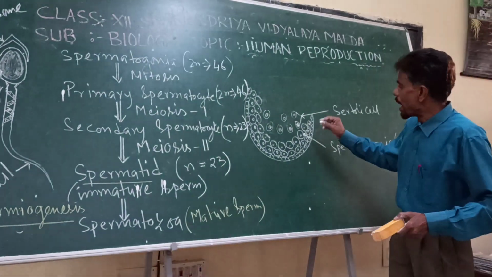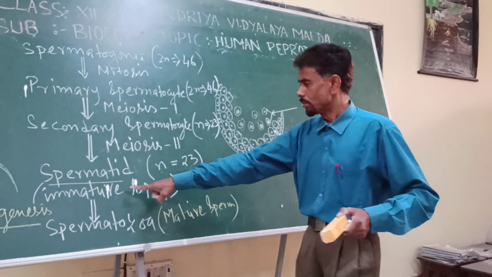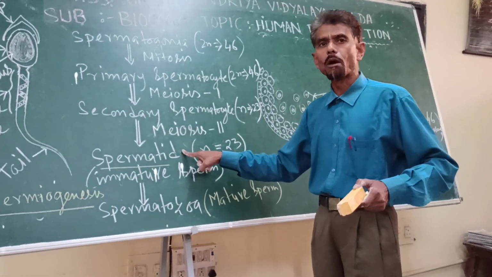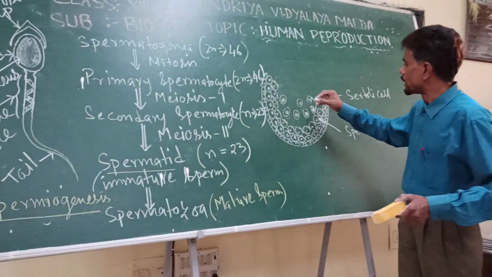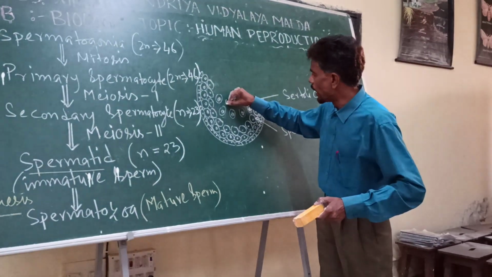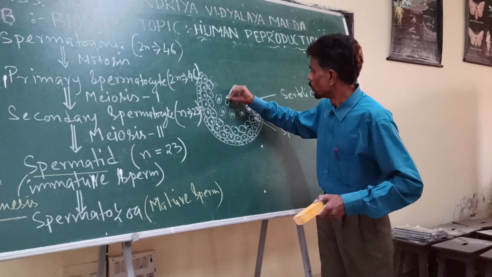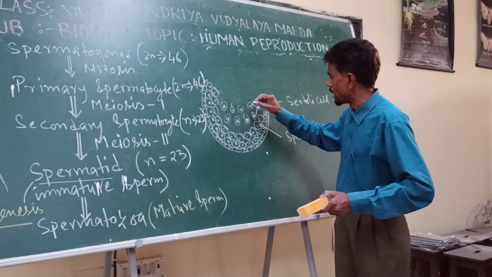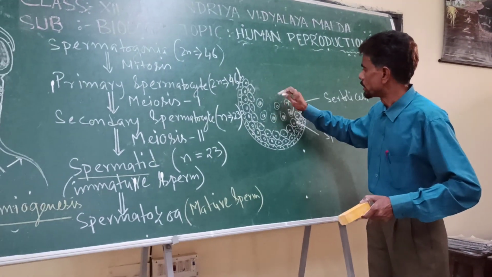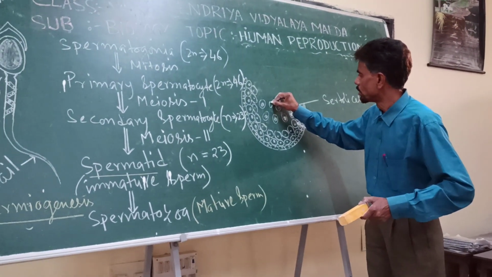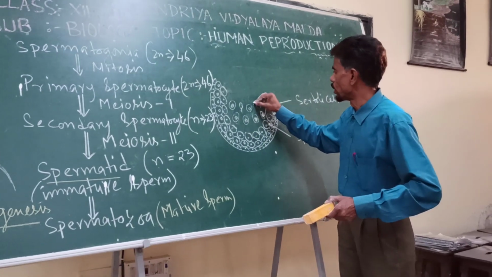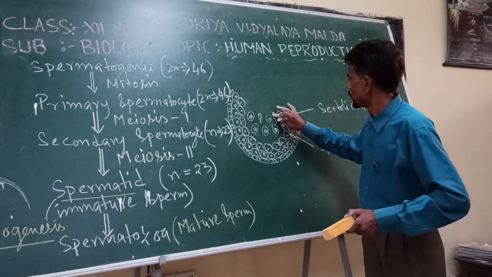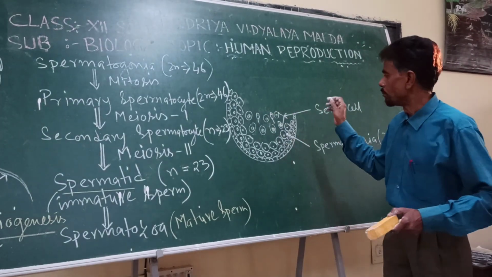Once the immature sperm or spermatids form by the end of meiosis II, they remain within the Sertoli cells. These are the Sertoli cells.